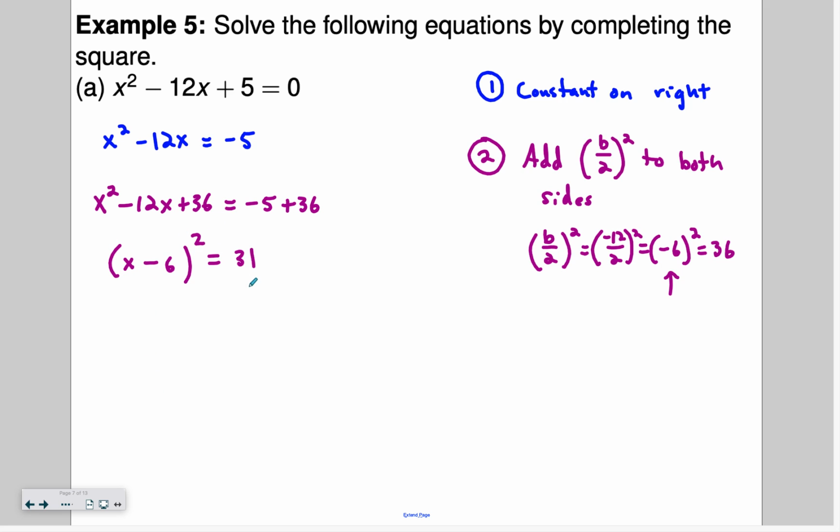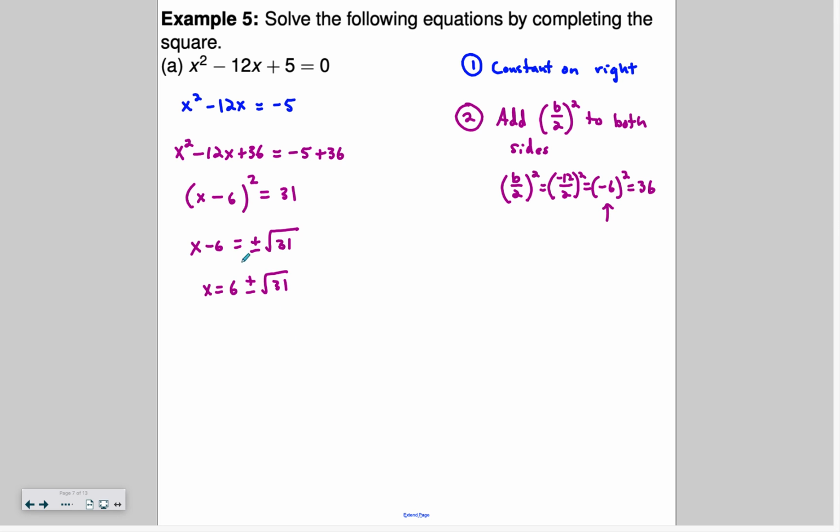So you'll get x minus 6 equals plus or minus the square root of 31. So my 2 answers are 6 plus or minus root 31. So 6 plus root 31 and 6 minus root 31.